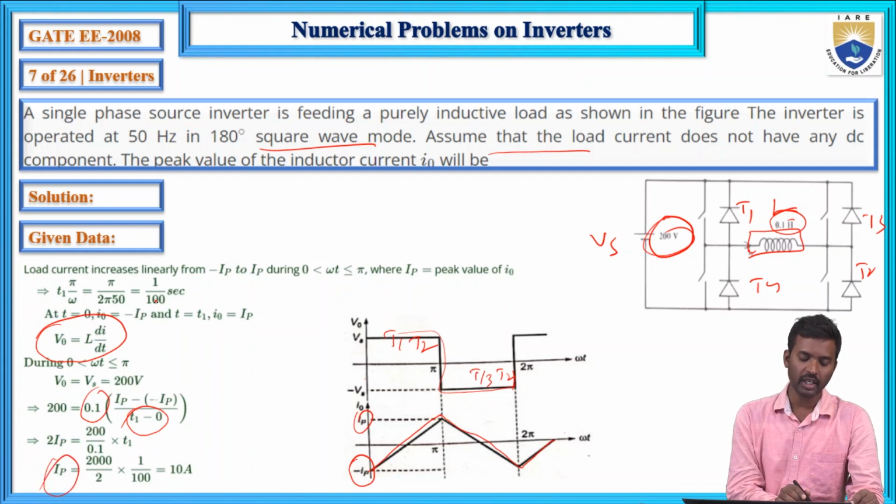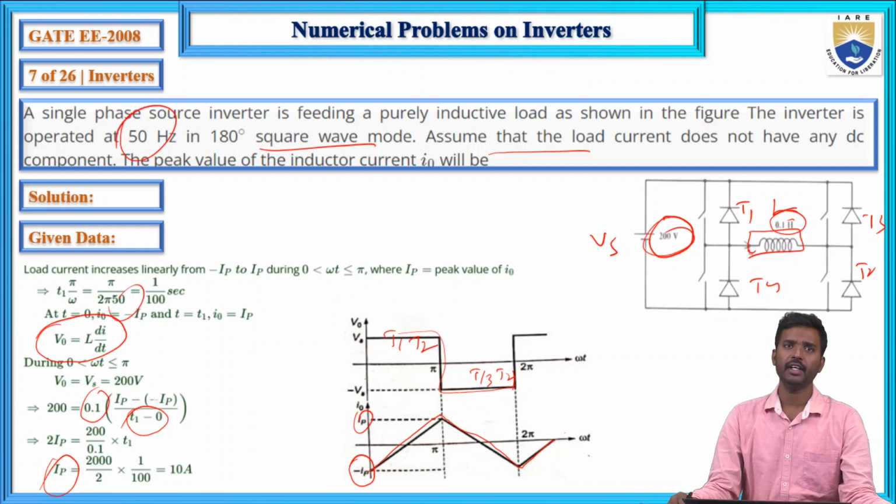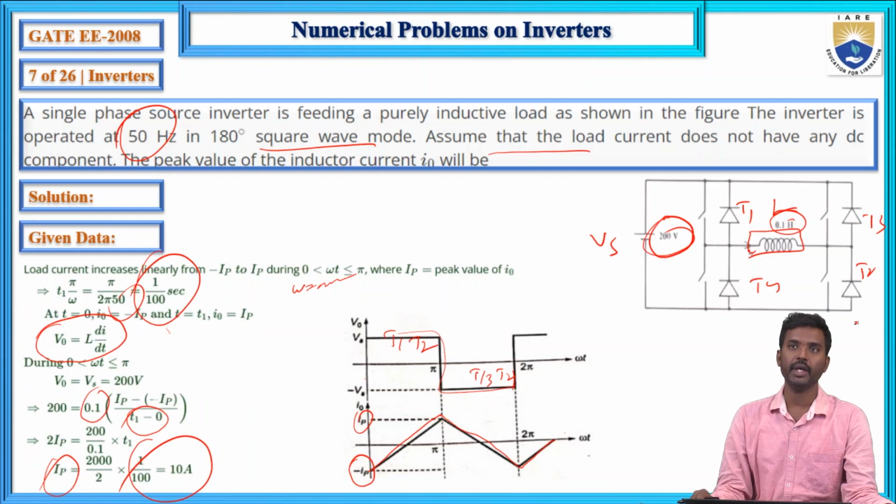Now here T1 equals pi by omega, and omega equals 2 pi f, with f equal to 50 hertz. Substituting this, you will get the peak value, that is 10 amperes.